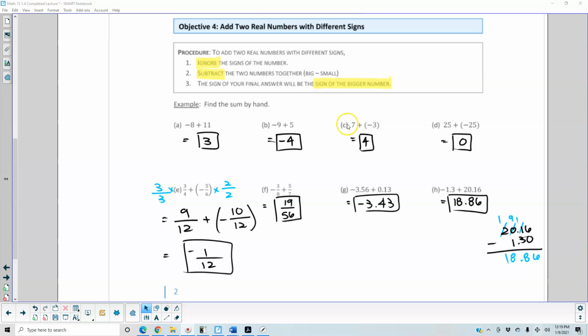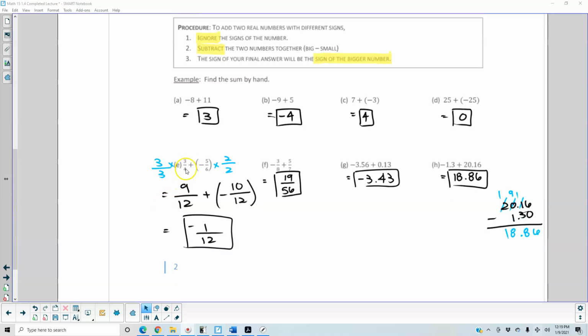Part C, we have 7 plus -3. Subtract 3 from 7 to get 4, and the bigger number is 7, so therefore the sign is positive. 25 plus -25. We're going to take 25 and subtract 25, which gives us 0. And remember that 0 is neither negative nor positive.